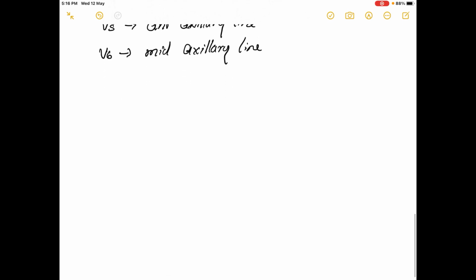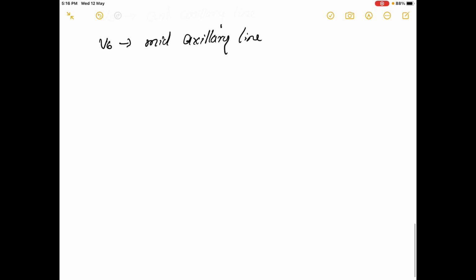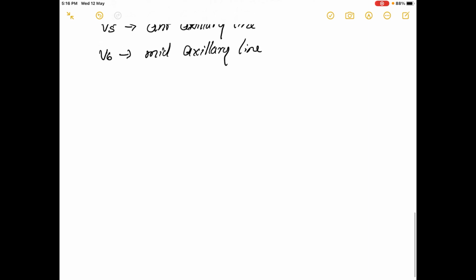So let's see where these leads measure the electrical activity in the heart. Consider this as a heart. I'll be showing the various electrodes.